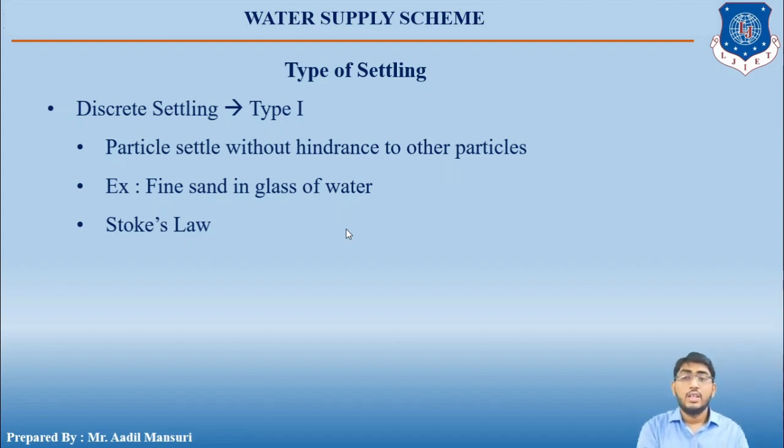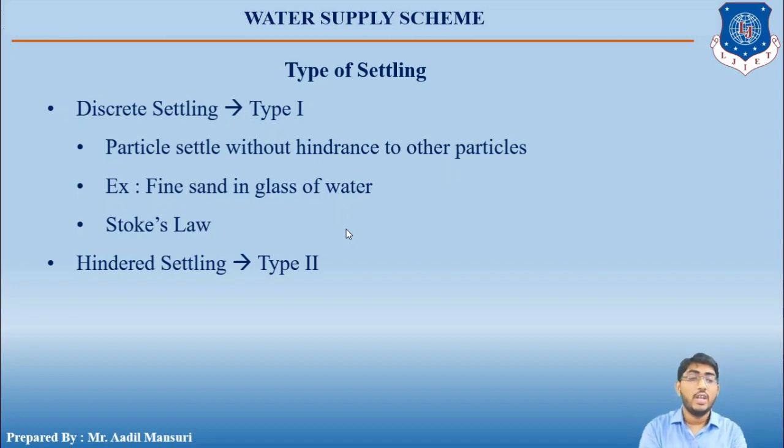Let us now have a look at the second type of settling, type 2 settling, which is also known as hindered settling. Hindered settling refers to a rather dilute suspension of particles that coalesce or flocculate during the sedimentation process. Due to the flocculation, particles increase in mass and settle at a faster rate.